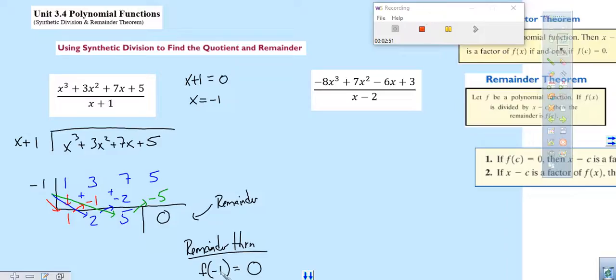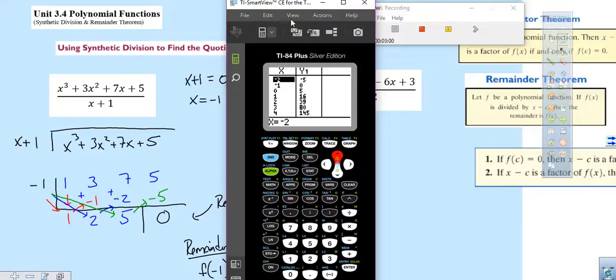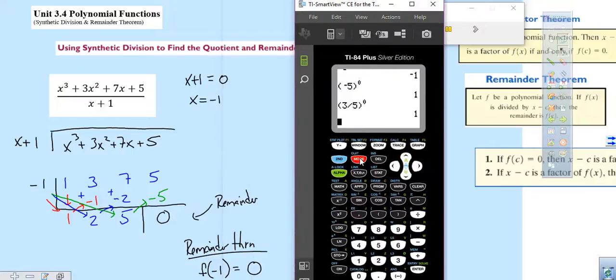If I plugged -1 into this function using my calculator, on my home screen, -1 cubed plus 3 times -1 squared plus 7 times -1 plus 5, I will get 0.